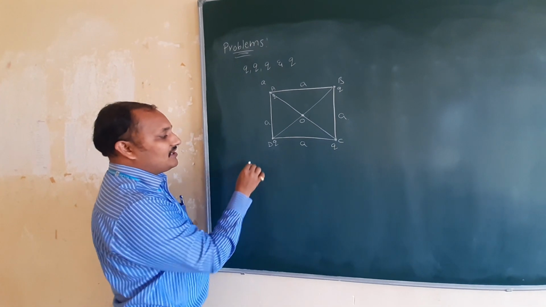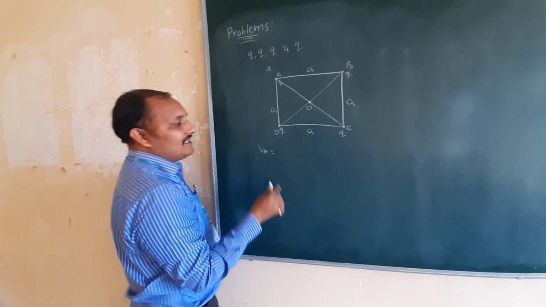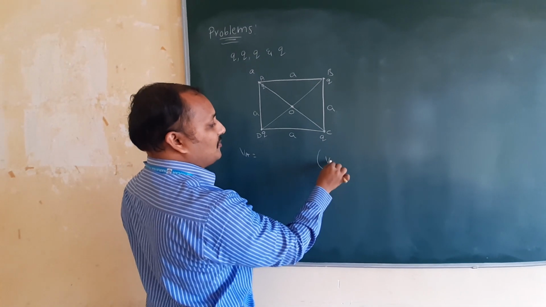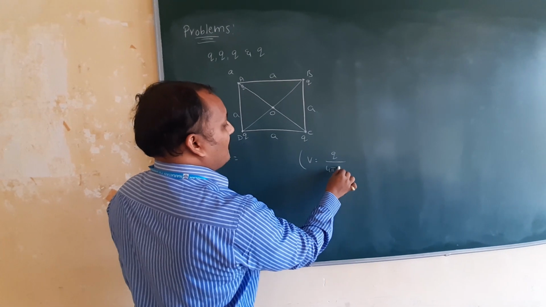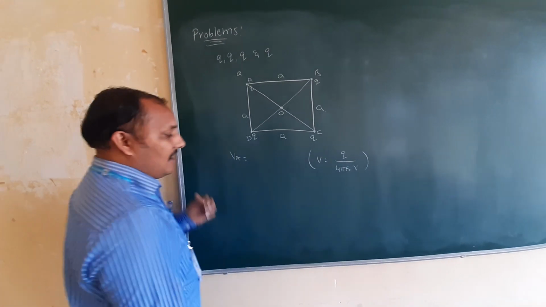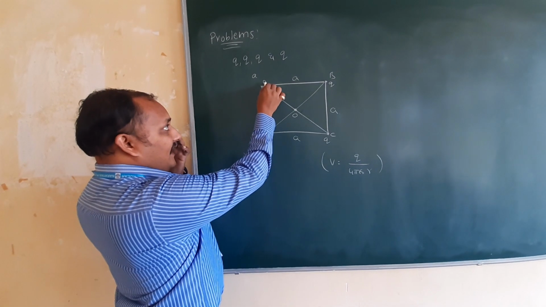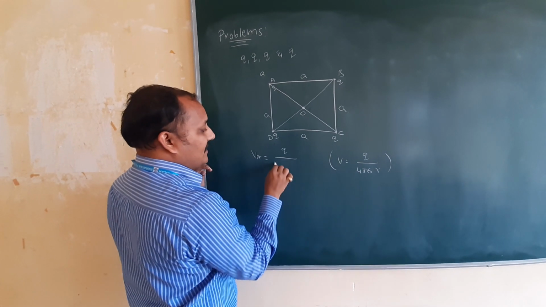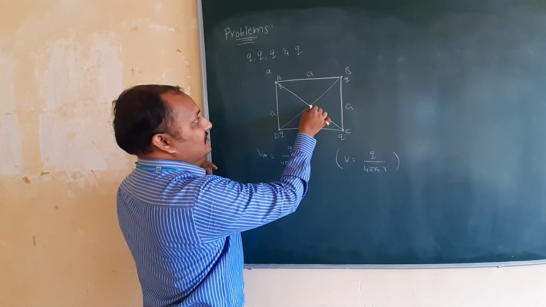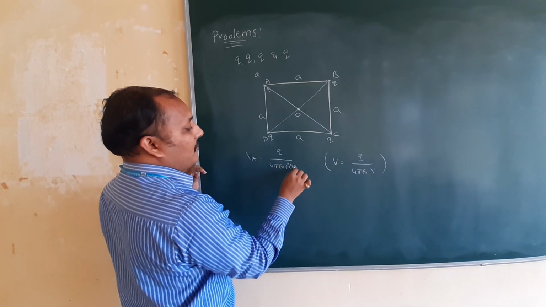First we find the potential due to A, VA. What is the general formula for potential due to a point charge at some distance? V is equal to Q by 4 pi epsilon naught R. Now potential due to A: the charge at A is Q, therefore VA is Q by 4 pi epsilon naught times the distance O to A, OA.